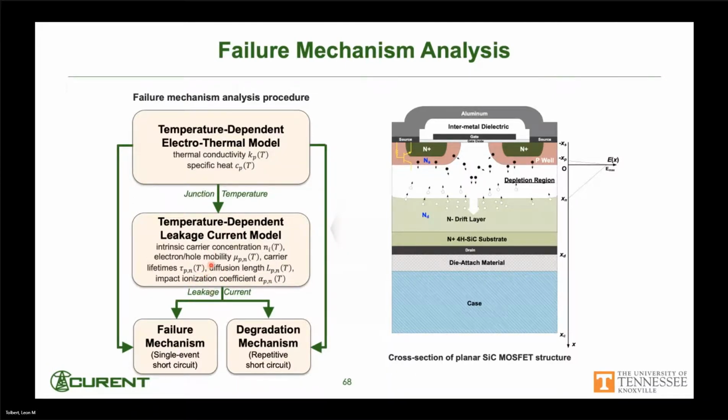Can put all of these things into our model, and you can look at it from a single event, or you could look at it more from a degradation where you just repetitively are doing things, and it's not something that fails immediately, but as you repetitively do something, it slowly degrades and then eventually fails.